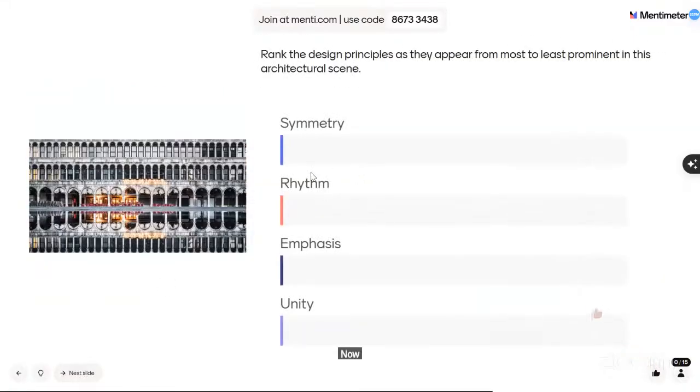Now rank the design principles as they appear from most to least prominent in this architectural scene.